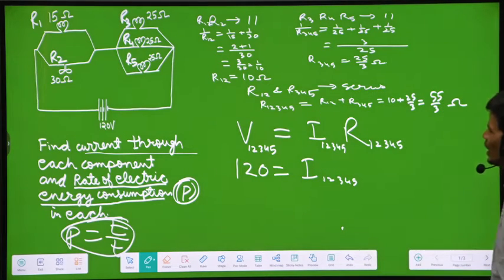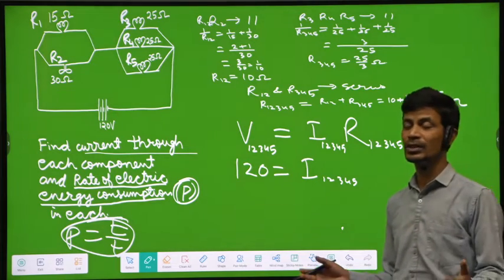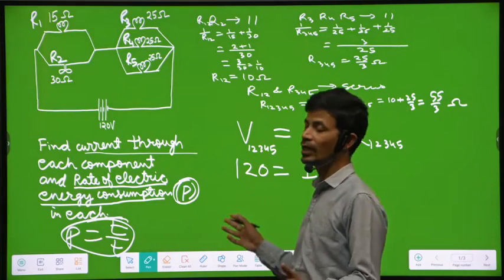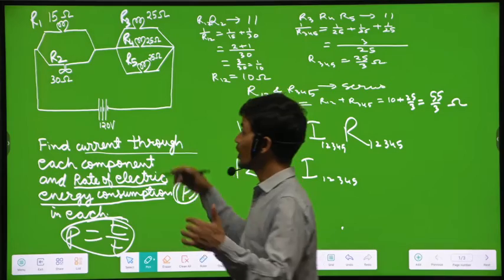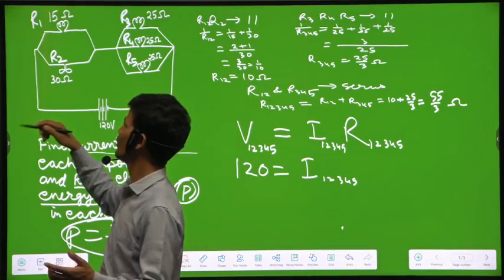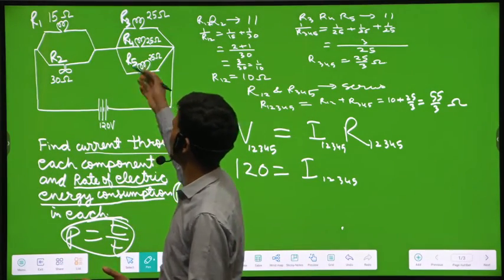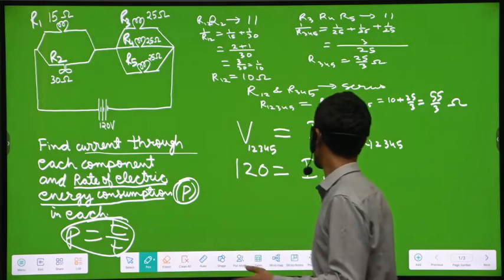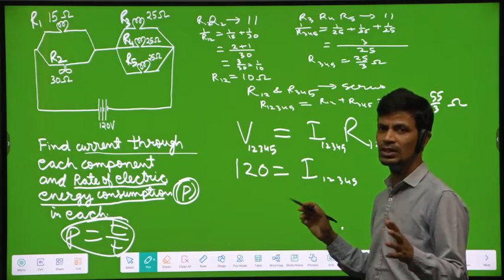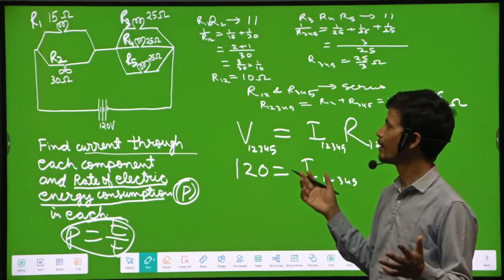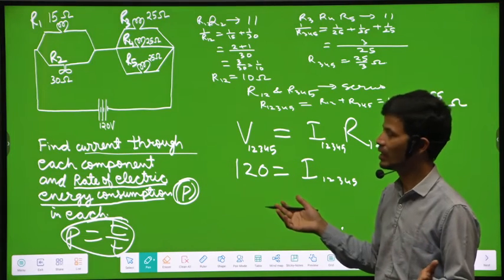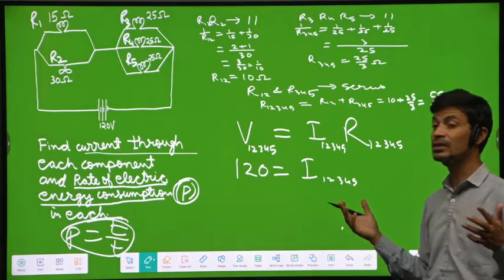You can just write I, but 12345 gives us the information that it is for the entire combination, because we have to find I1 through R1, I2 through R2, and so on. So these subscripts help us distinguish which current we are considering.